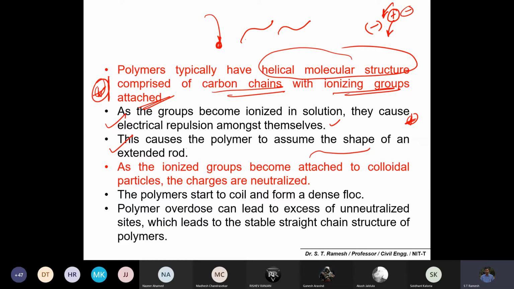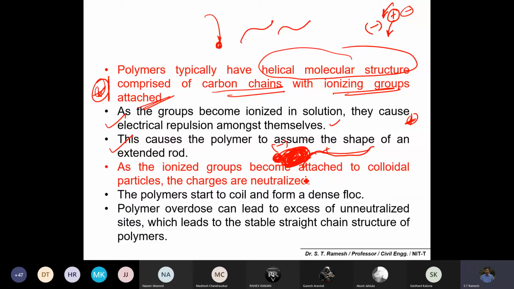As the ionized groups become attached to the colloidal particle, the charges become neutralized. Imagine a situation where this is your polymer with ionizable charges, mostly positive, and a negatively charged particle comes in. It will automatically attach onto a head or tail, whatever it may be. This is your negatively charged particle, and this is the highly positive ionizable group, so it will attach onto the polymer like this.